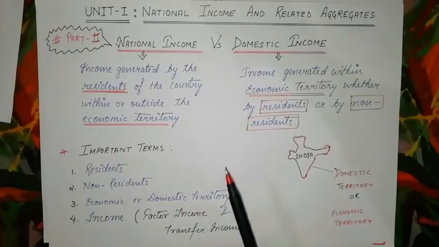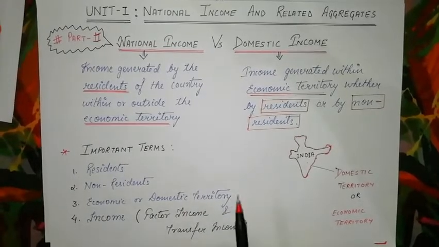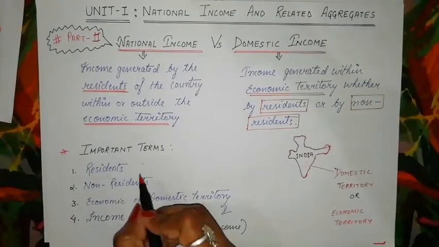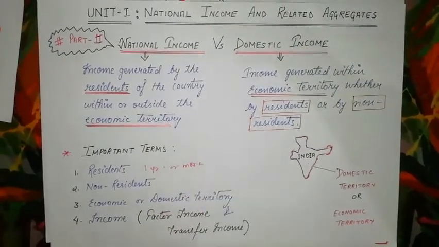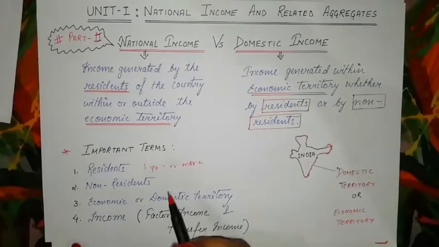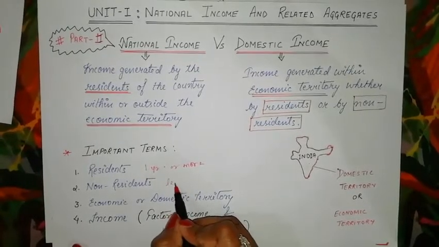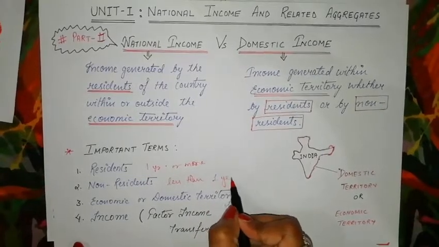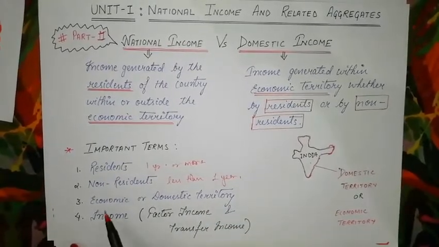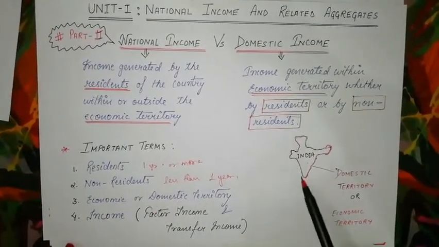First, resident, which we have already discussed, the one who lived for 1 year or more. And in case of non-resident, it should be less than 1 year, right?